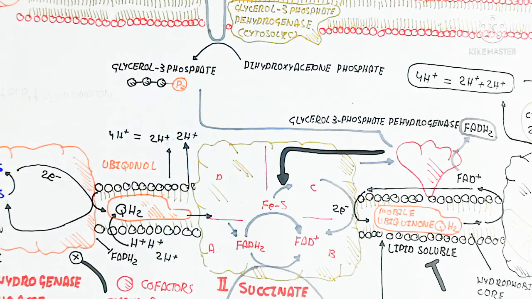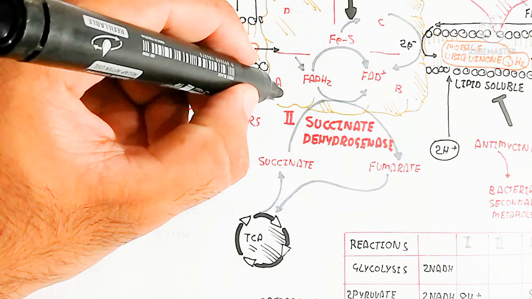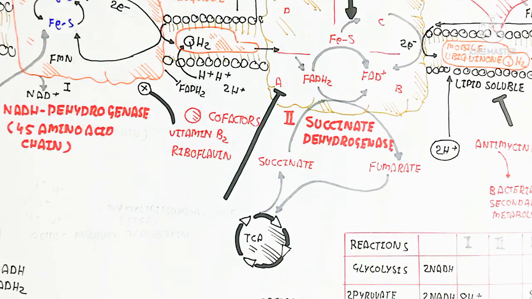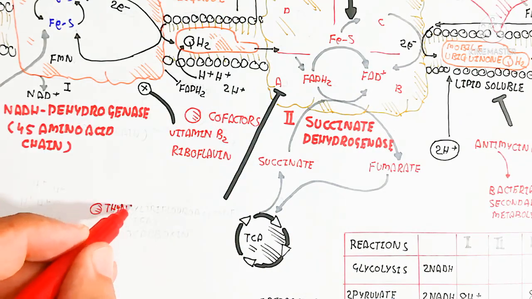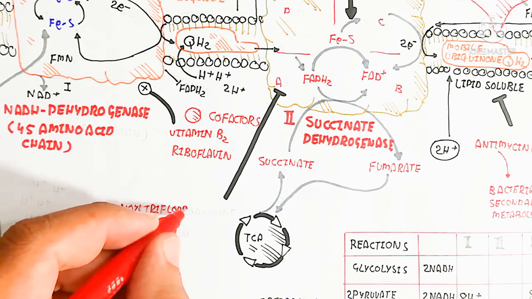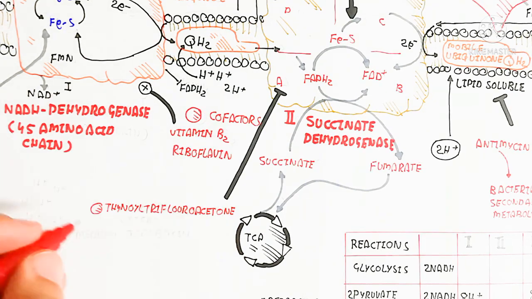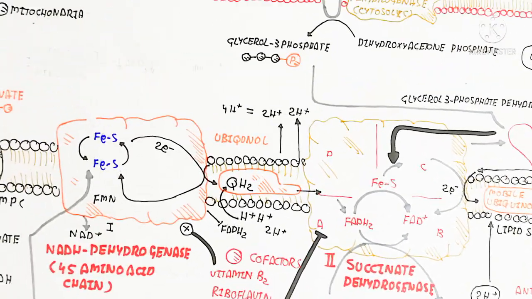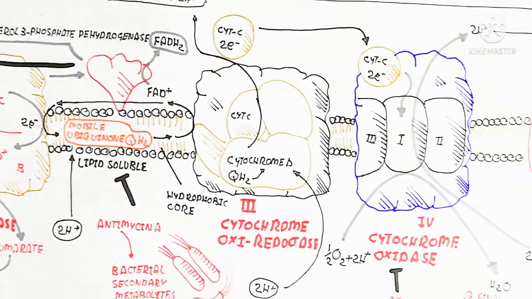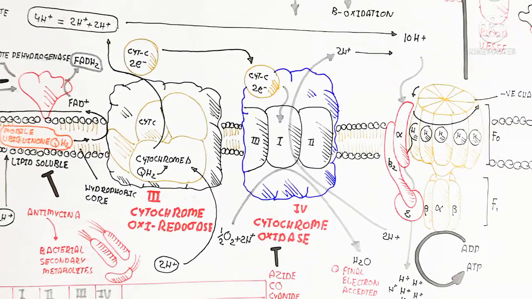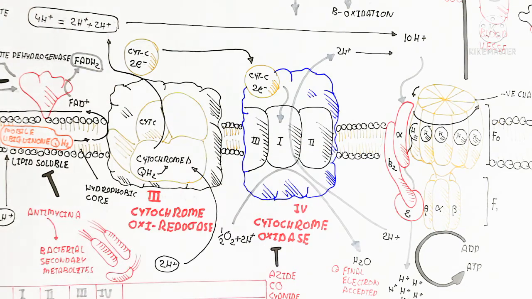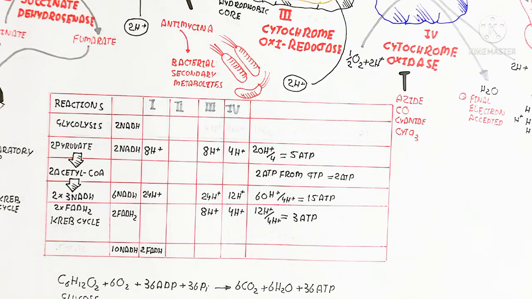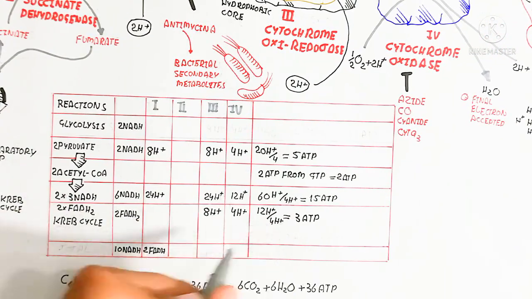From glycolysis, the NADH will produce 6 protons, while from the Krebs cycle the NADH will produce a total of 8, 4 and 4, so 10 protons. Here the succinate dehydrogenase inhibitor is known as TTFA. That is the inhibitor and it stops the electron transport chain.